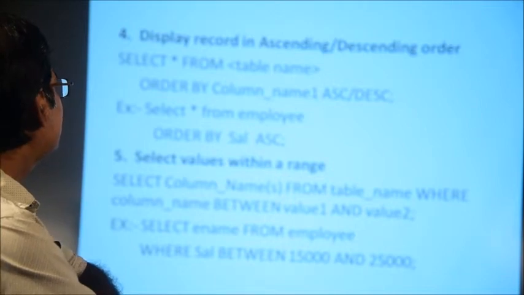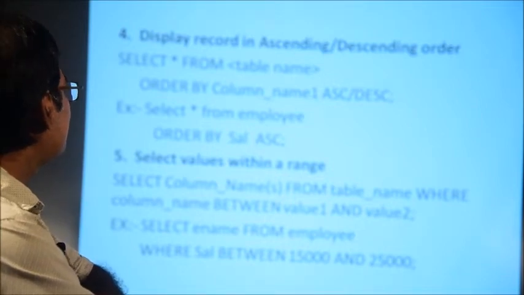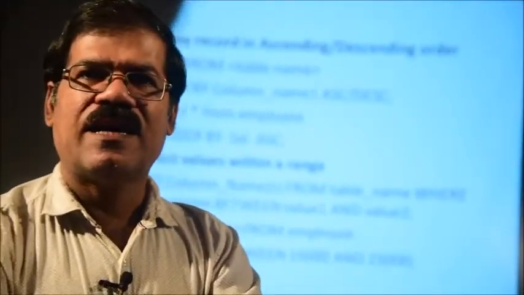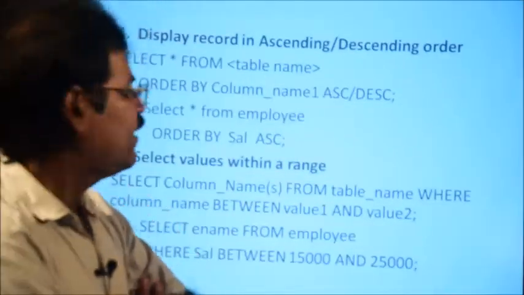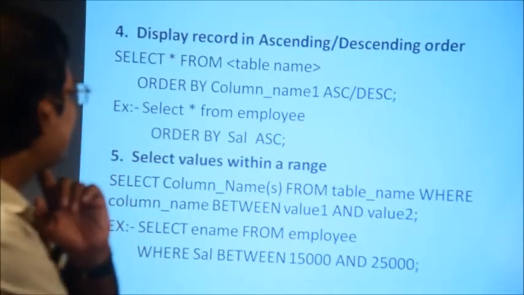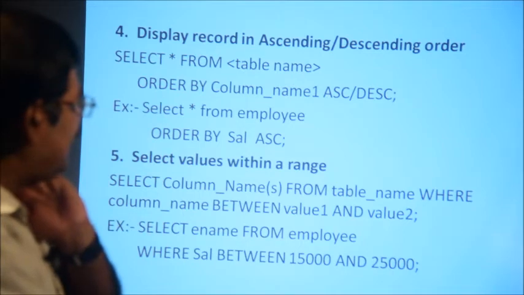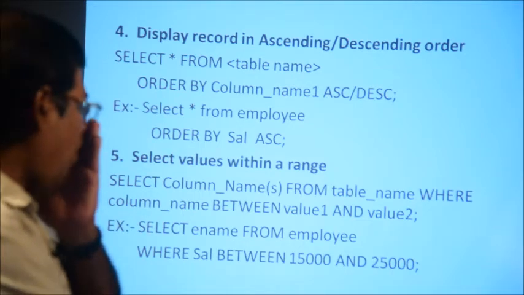The syntax is select from table name order by, the clause is the order by clause, in which order? Either ascending or descending. Ascending means you write ASC, descending means DSC: order by column name, then ASC or DSC. ASC means ascending, DSC means descending.